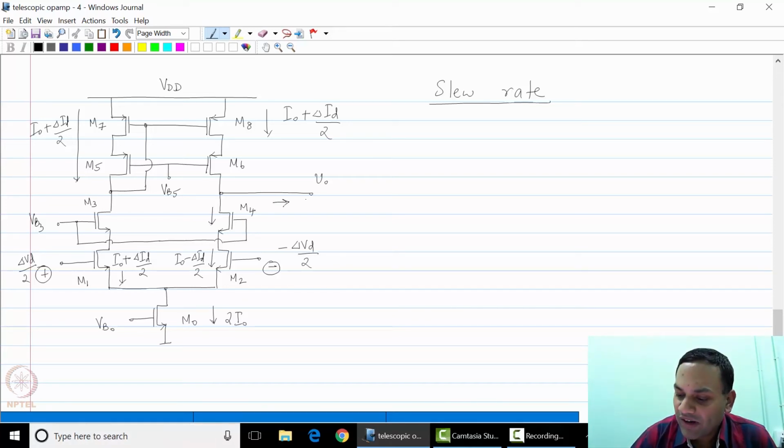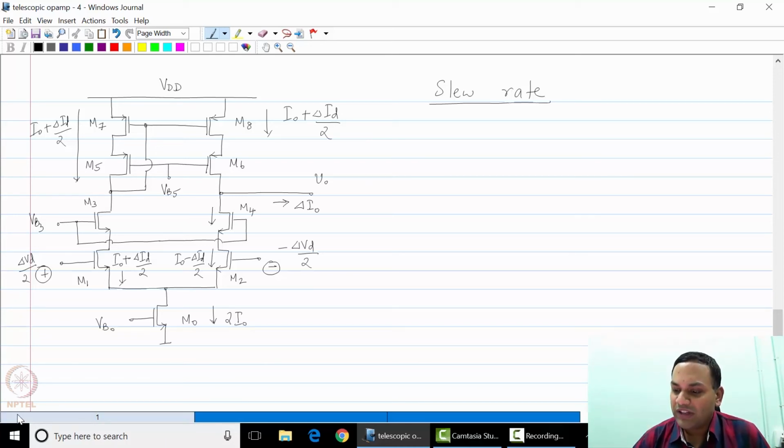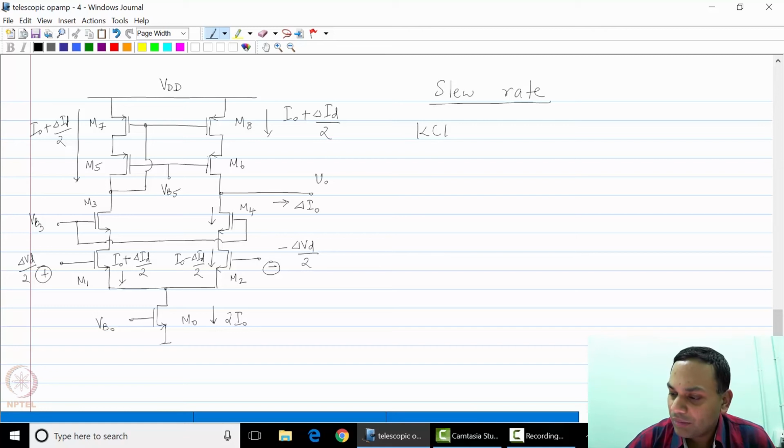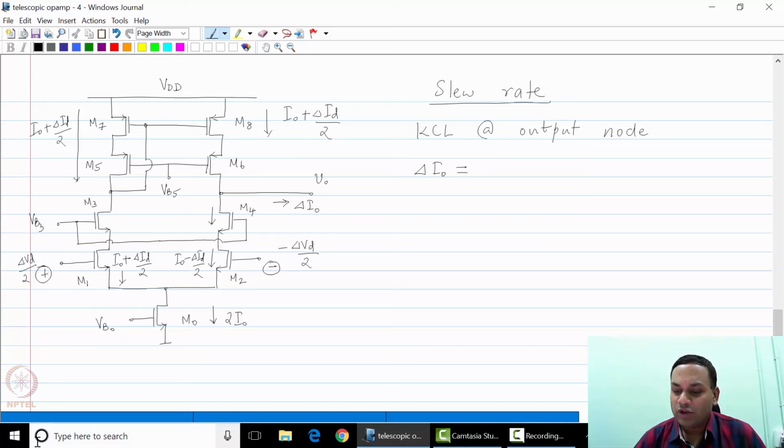So if you were to find the total delta IO, you do that by applying KCL at the output node. You will find that delta IO, the total current leaving the node, should be the sum of the currents entering the node.